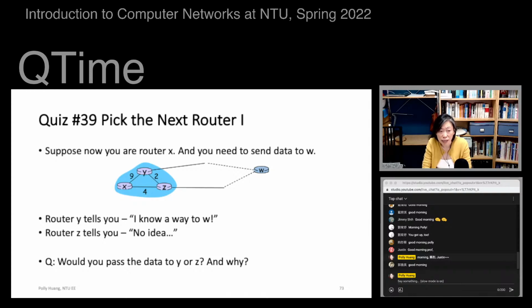Router Y, one of your neighbors, tells you, I know a way to go to W. But router Z tells you, I have no idea how to get to W. Now, being router X, how would you pass the data to Y or Z? And why?